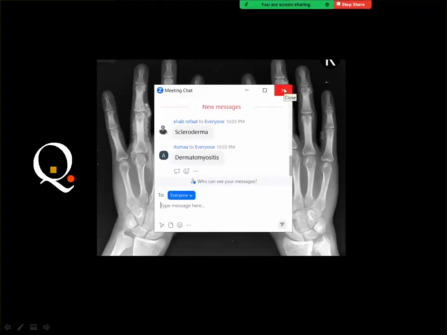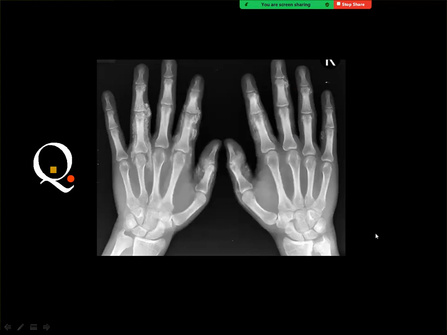No, this is not scleroderma, but dermatomyositis. The answer is right, dermatomyositis. These are subcutaneous calcifications along the short bones and also seen in the thigh.